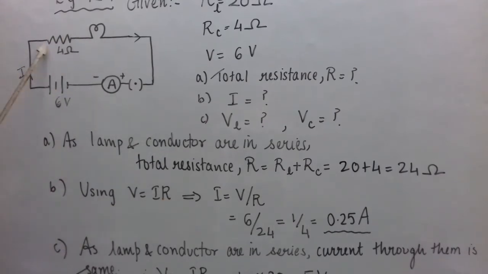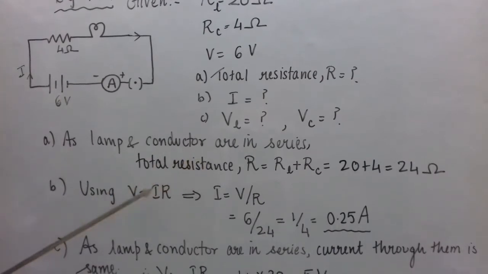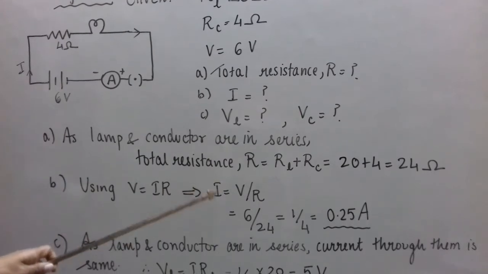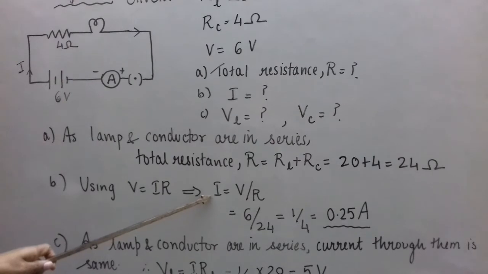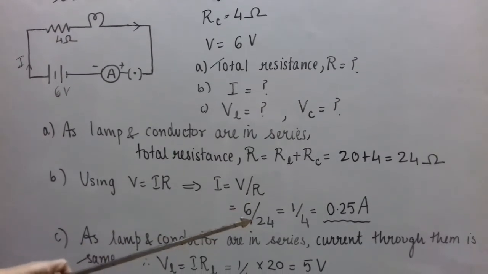Total resistance of this combination, which you have found just now. So using Ohm's law, V is equal to IR, I will be equal to V by R. V is 6 volt and R is 24 ohms. So the answer for I comes out to be 0.25 ampere.